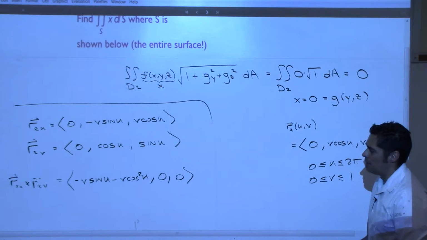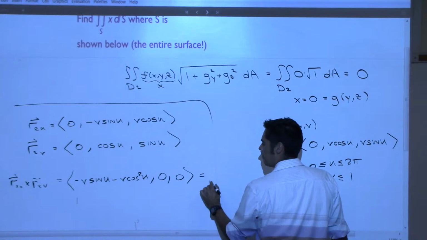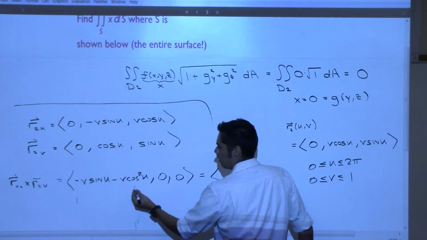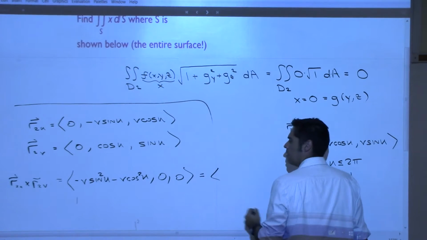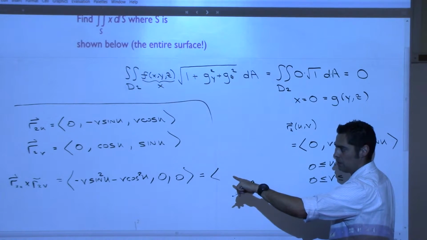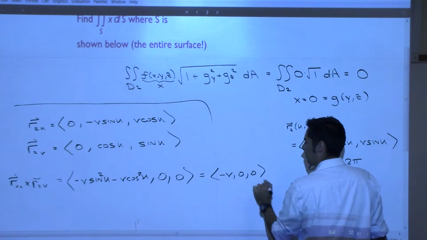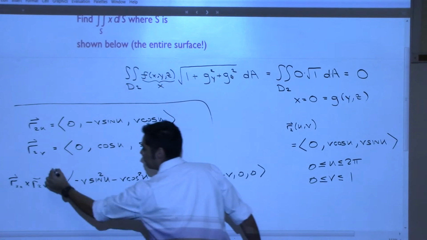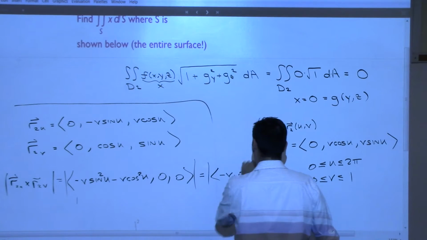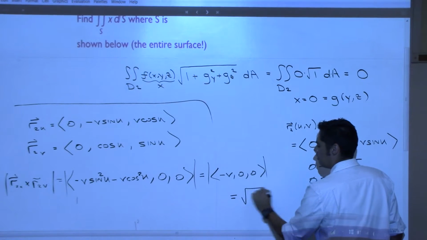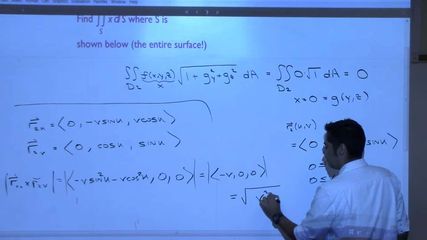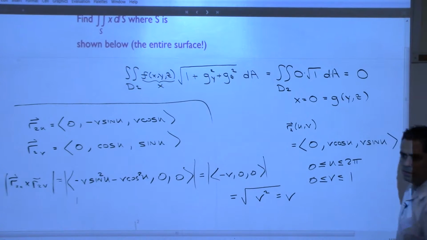And what is that? Oh, sine squared. Yes, thank you. Factor out a negative v, right? Pythagorean. So negative v, 0, 0. And now take its magnitude. And you get what? Square root of v squared, which is absolute value of v. But v is positive, right? So I don't need to worry about the absolute value. Okay, so that's the cross product, right?